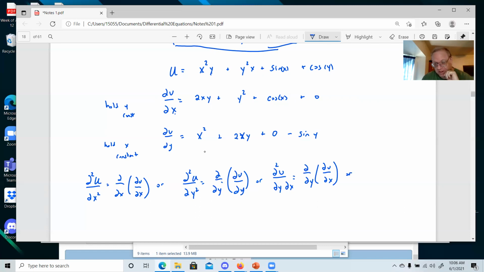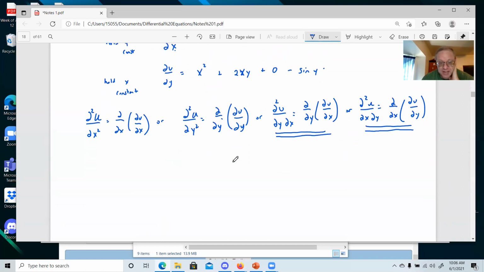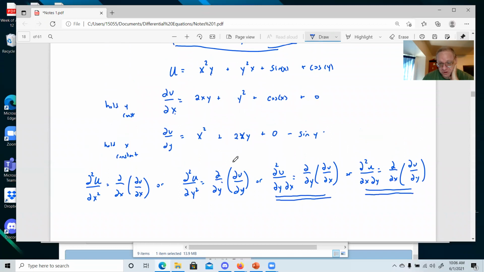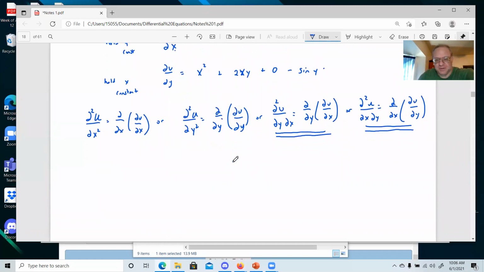Or, and this is the last one, we could do d squared u dx dy, which is dx of du dy, which means we're taking the derivative with respect to x of this function here. These are the two that we really care about as far as this class goes. When you take Calc 3, you'll be doing all of these, because they're useful for optimizations. So if you haven't taken Calc 3 yet, this is the joy you have to look forward to. All right, so we can all enjoy that when we get to it.